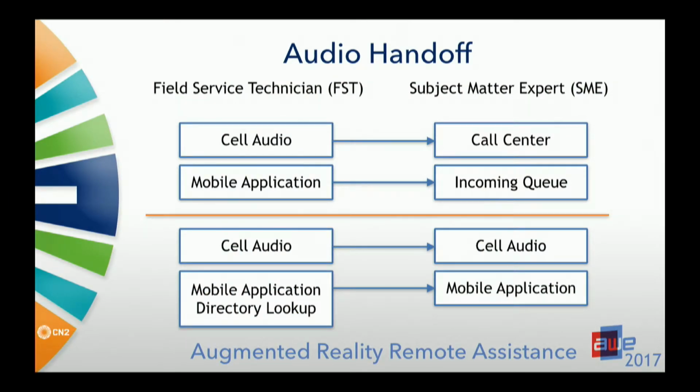You start by calling into a call center, and in that case, you would be encouraged to start the mobile application, and then you would show up in a queue, and then the remote expert can engage you that way. If you're doing more of a peer-to-peer situation, then you might have a lookup, a directory. This is commonly done where you call that specific expert.